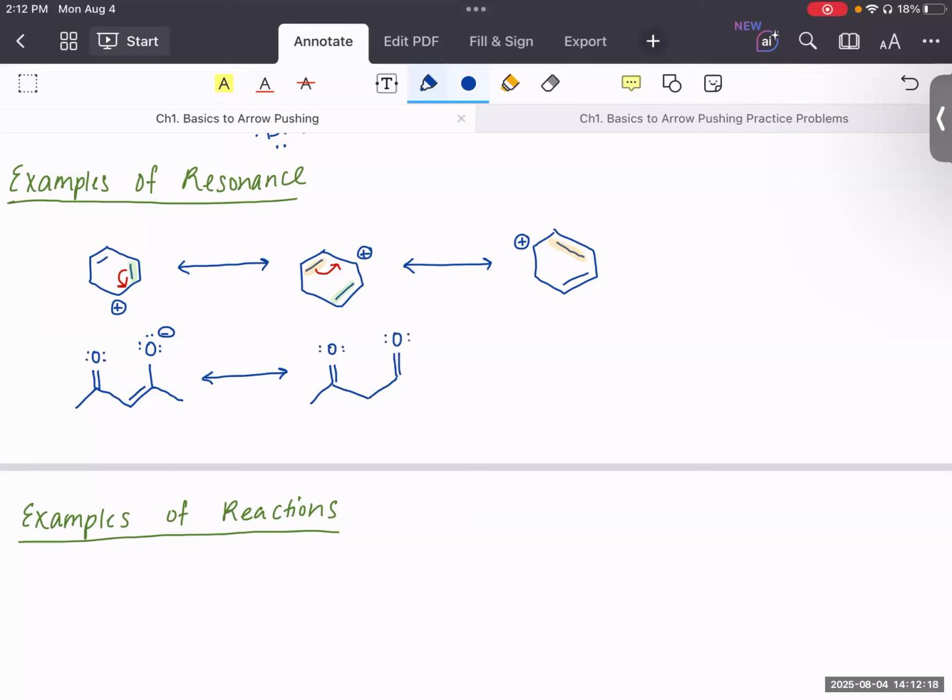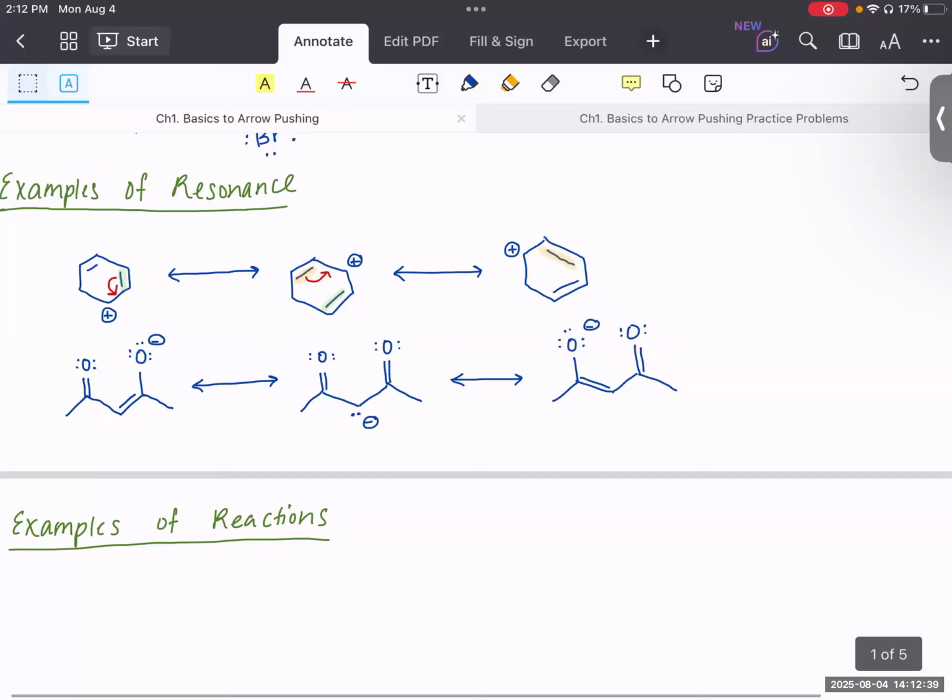Then we're going to end up with a lone pair on this carbon in the middle. And then next, we're going to end up with a double bond here.